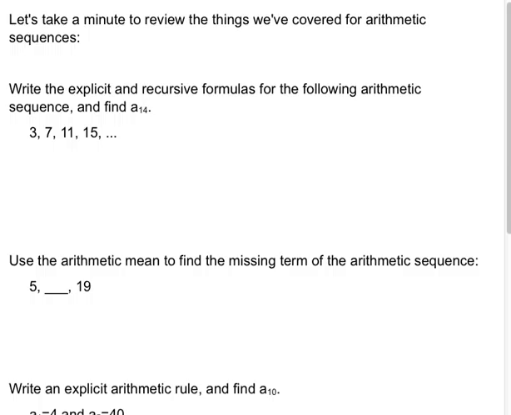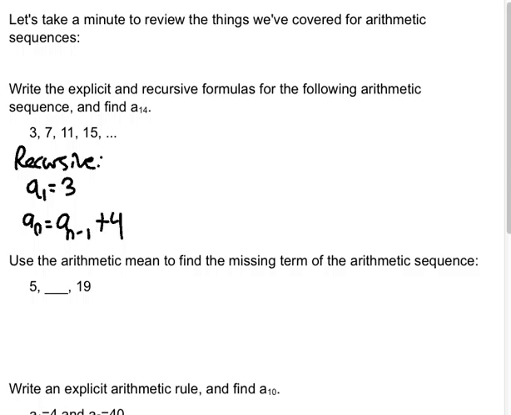If I just give you a sequence, remember recursively, that's where you label out your first term, and then you state in terms of your previous term, what are you doing? In this case, adding 4.